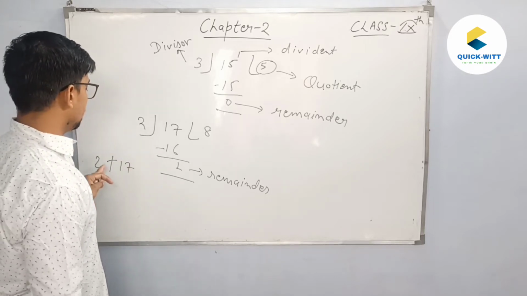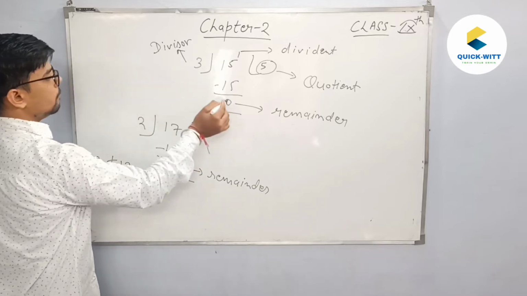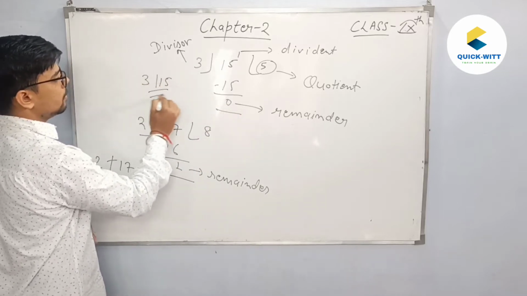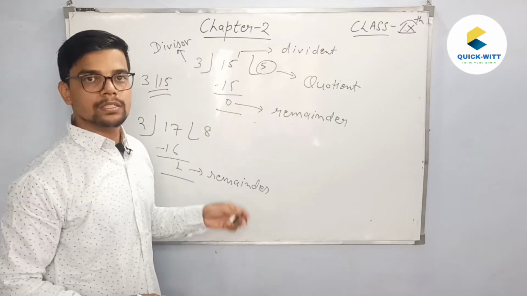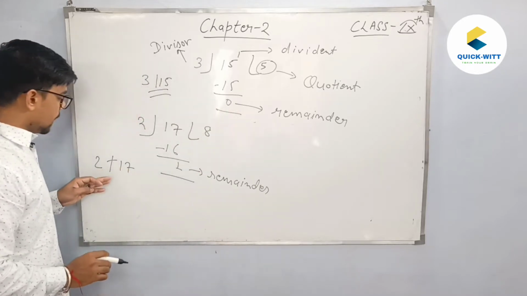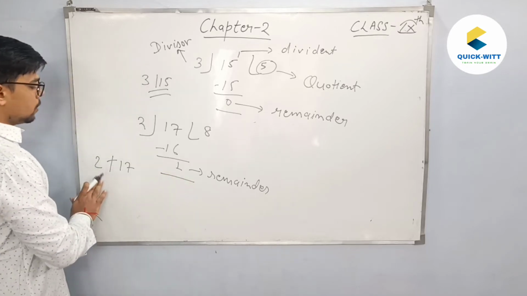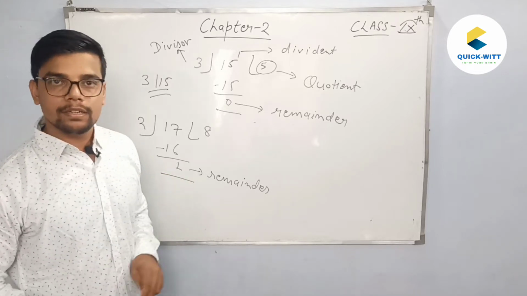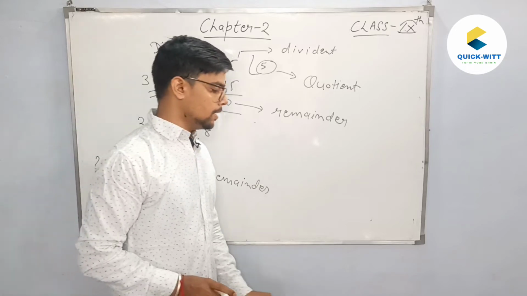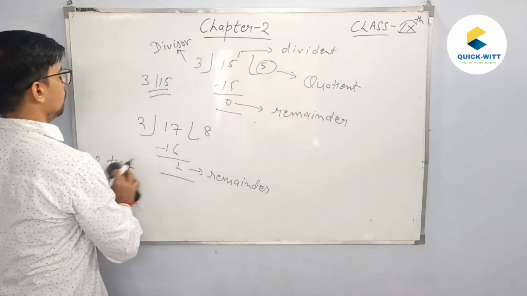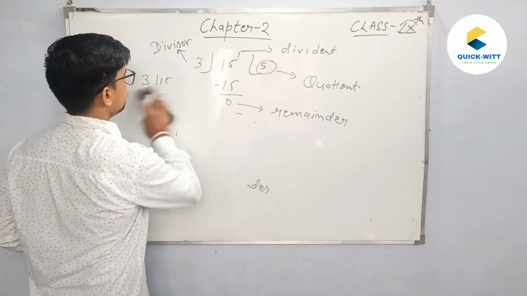You can see here, if there is remainder 0, we can say 3 divides 15, because here we get remainder 0. And if I get anything in the remainder, then we can say that 2 doesn't divide 17. You get my point? Now come to our topic about polynomial.